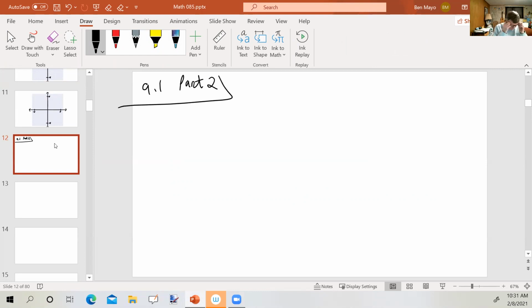All right, the first thing we're going to do is look at some functions, plug in some numbers, and evaluate the function. So for instance, f of x equals the square root of the quantity 3x plus 1, and we want to find f of 8.